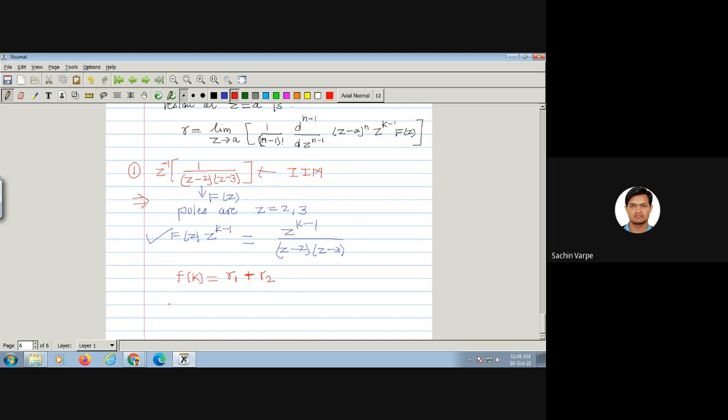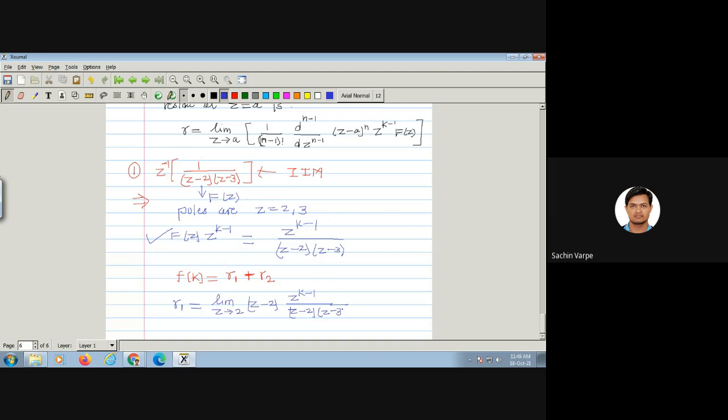What is R1? R1 is the first residue. R1 is, let me write, limit at Z tends to 2 of Z minus 2 into fz into Z raised to k minus 1, that is Z raised to k minus 1 upon Z minus 2 into Z minus 3.